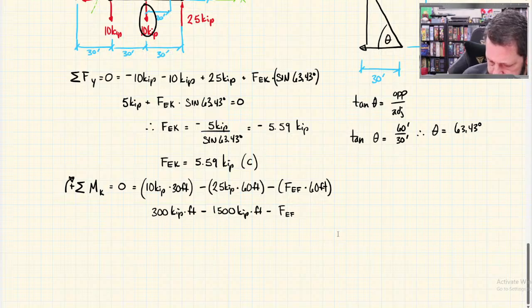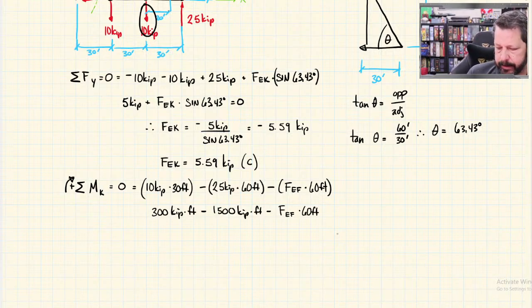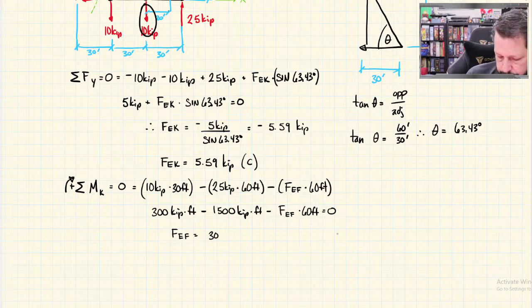So FEF times 60 feet needs to equal 0. I need to isolate the FEF, so I'm going to move FEF to the other side of the equal sign, so it becomes positive. FEF equals 300 kip feet minus 1500 kip feet divided by 60 feet.